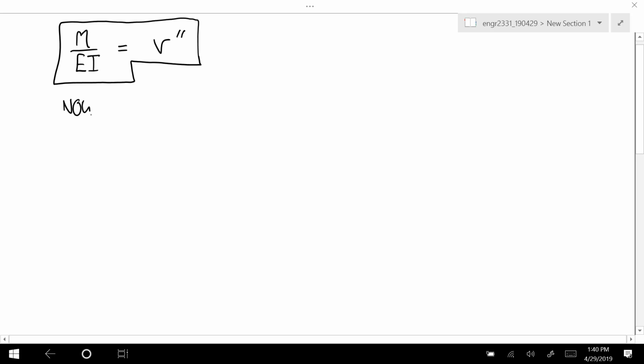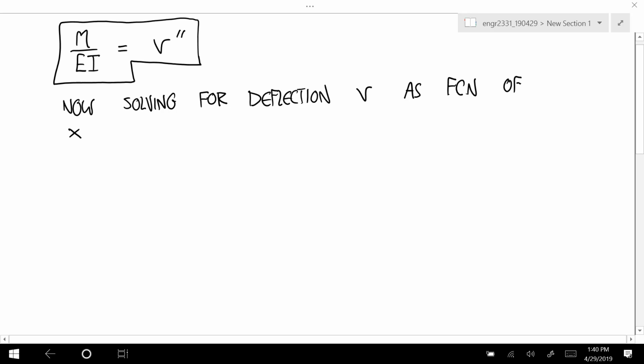And now solving for the deflection as a function of x just means solving that differential equation, and it's just two integrals. It's a simple ordinary differential equation, and then matching the boundary conditions.